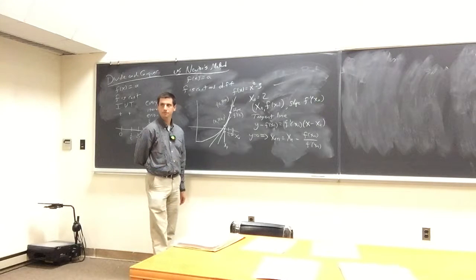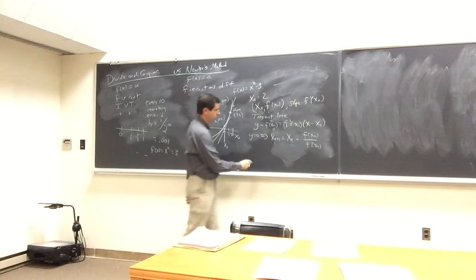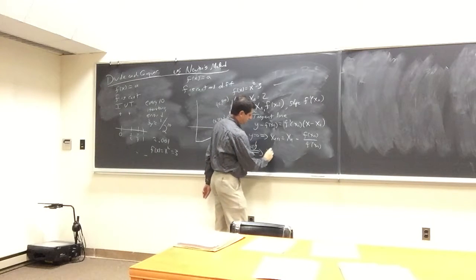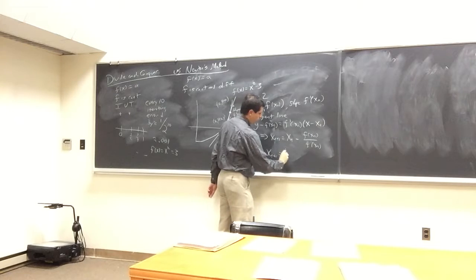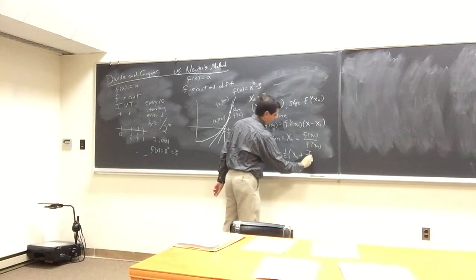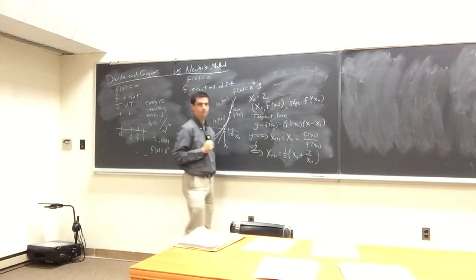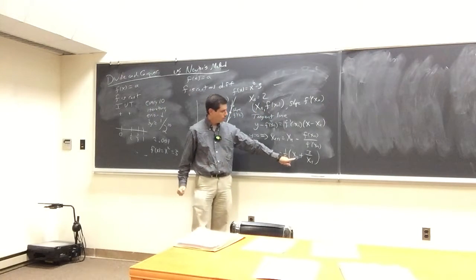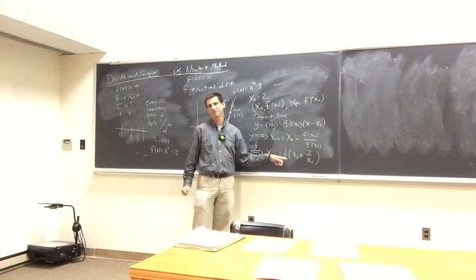Right? And so when the dust settles, after some algebra, if memory serves, we'll get something like xn plus 1 is 1/2 times xn plus 3 over xn. And what's nice about this is, what value would you love to take for xn?